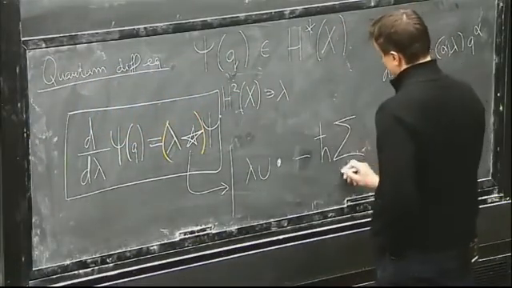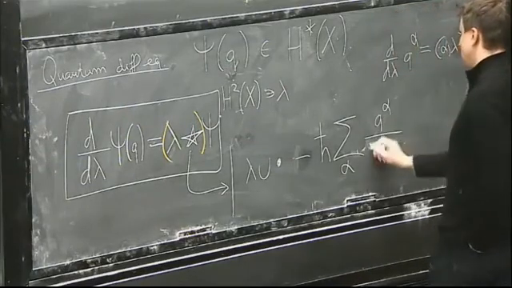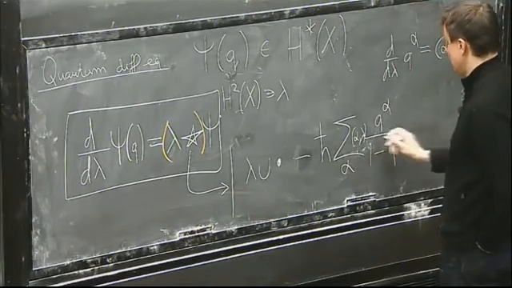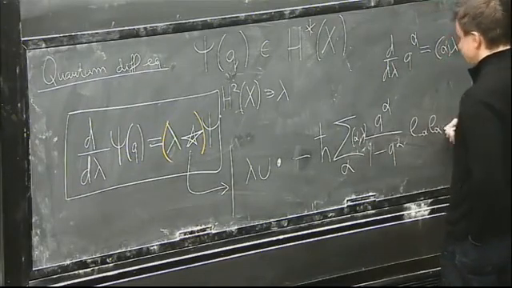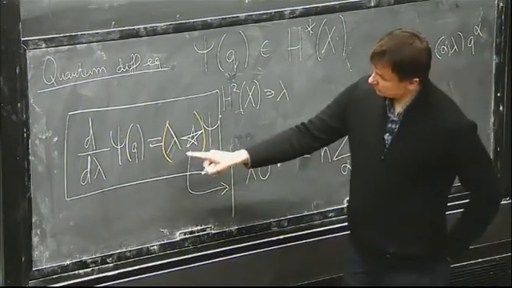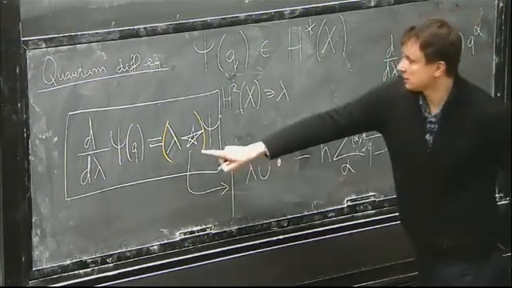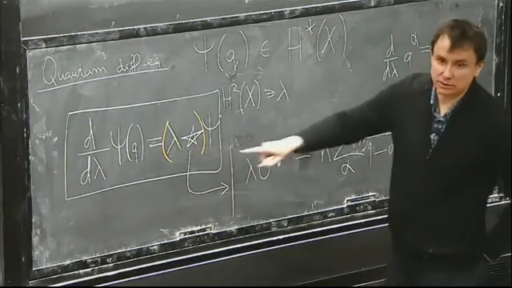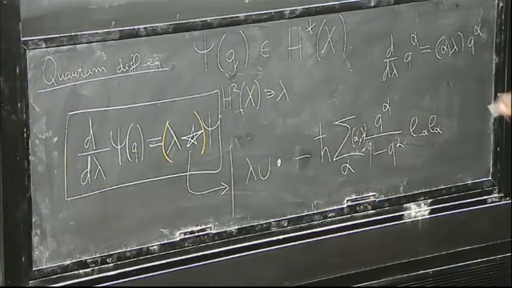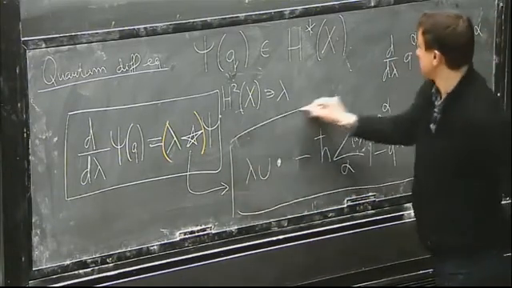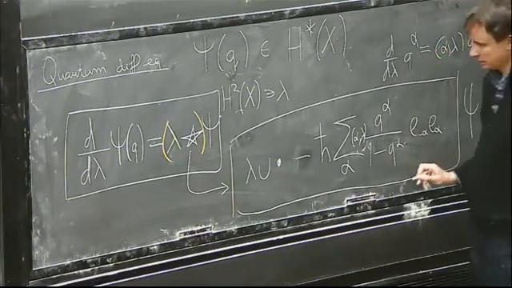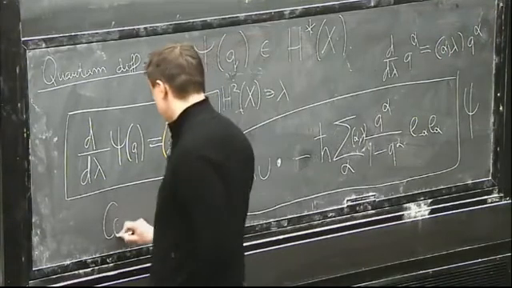Summation over alpha, q to the alpha over 1 minus q to the alpha, alpha paired with lambda, e minus alpha e alpha. And this is by the divisor equation. The divisor equation tells you about 2-point invariants, you know, 3 points where you insert one divisor. This is applied to my function psi. And you recognize that this is something called the Casimir connection.